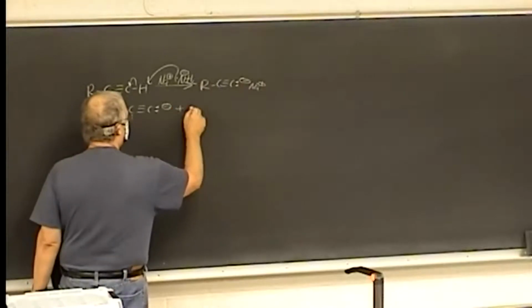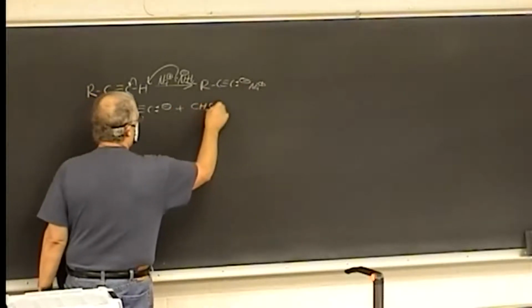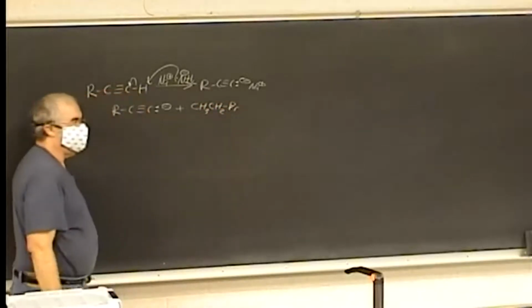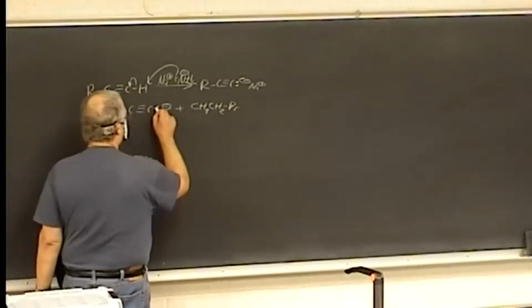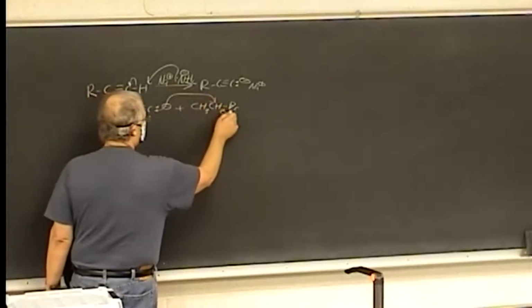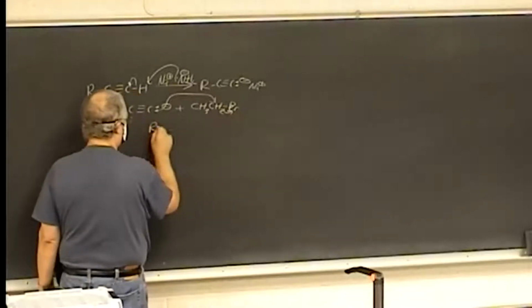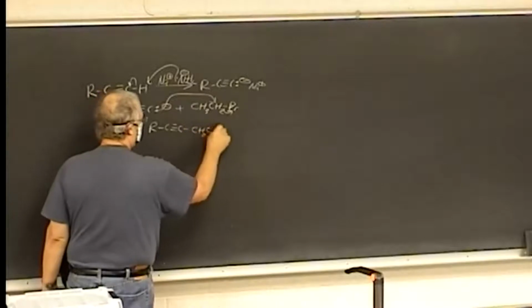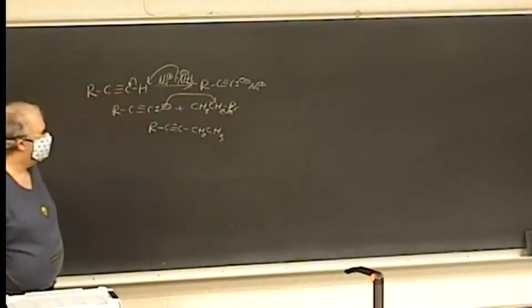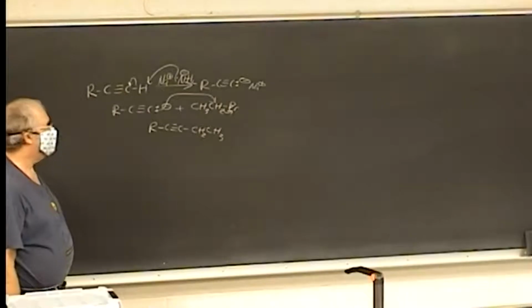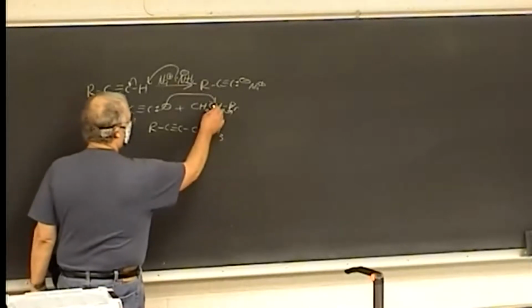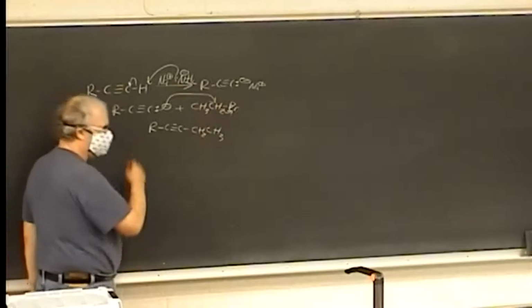Okay, so if we have, say, something like bromoethane, we can add 2 more carbons to the chain. This has to be a primary halide. That is, this carbon is only bonded to one other carbon. Otherwise, this won't work.